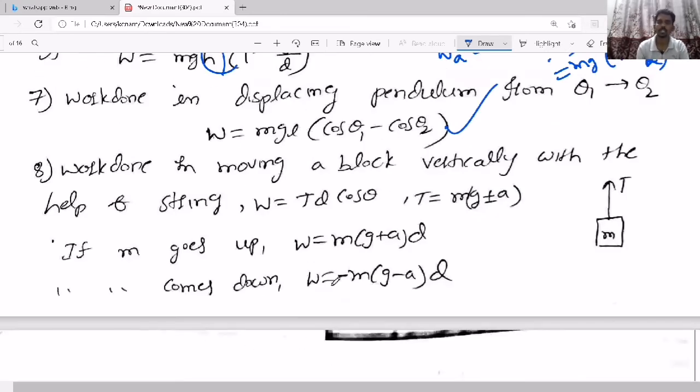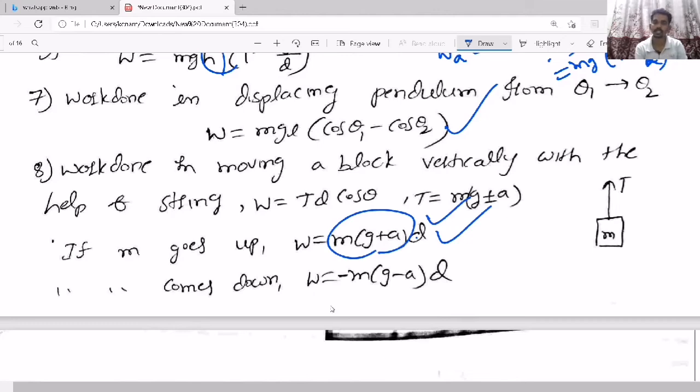And the work done in moving a block vertically with the help of a string is W equal to T d cos theta. You tie it with a string and try to take it up. If it is accelerating up, then m into g plus a becomes the resultant force, so force into displacement is the work.